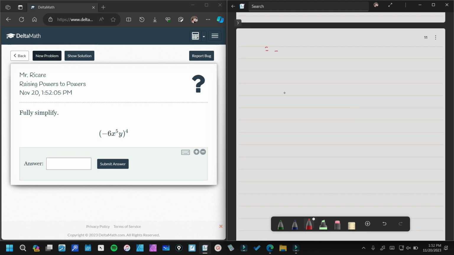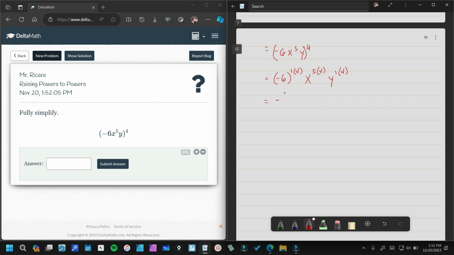Okay, so we have negative 6, x raised to 5, y raised to 4. All right. So negative 6 raised to 1 times 4, x raised to 5 times 4, y raised to 1 times 4.